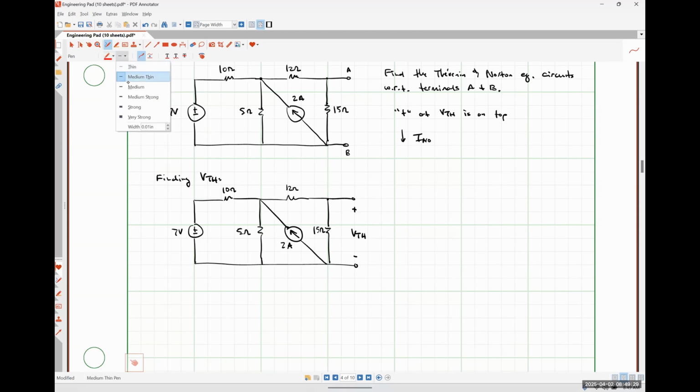I'm going to identify my nodes. Like so.